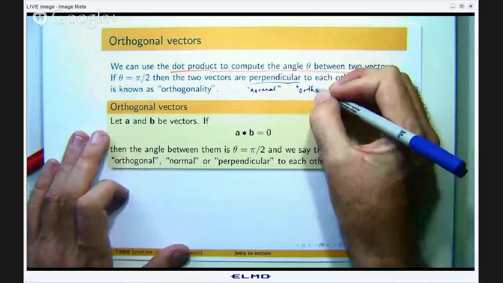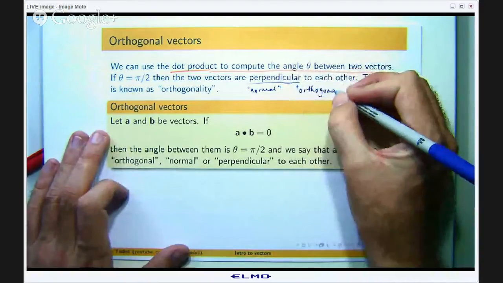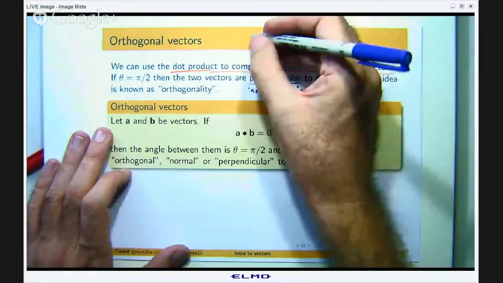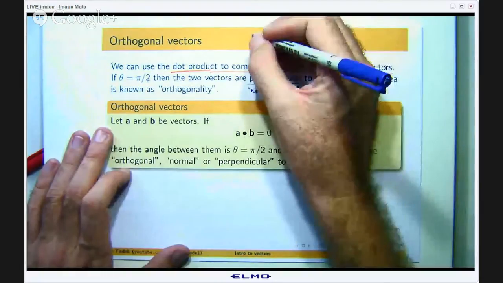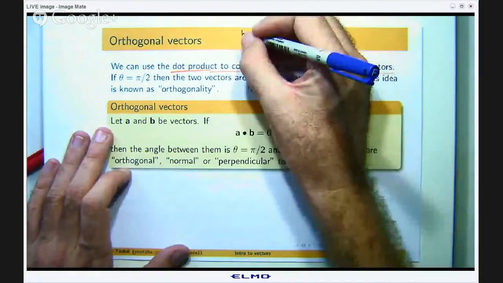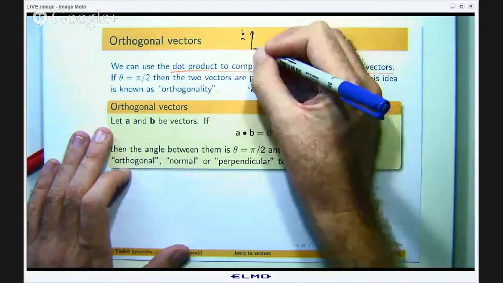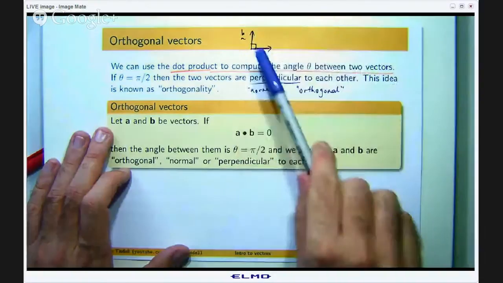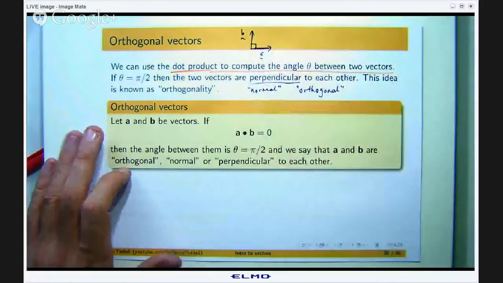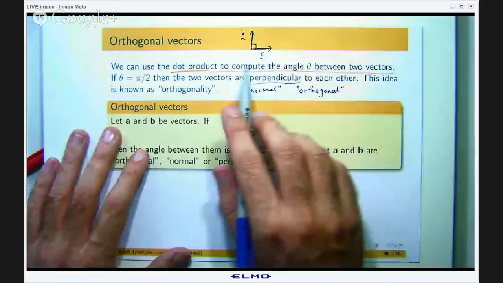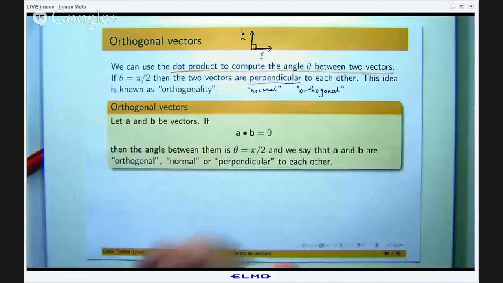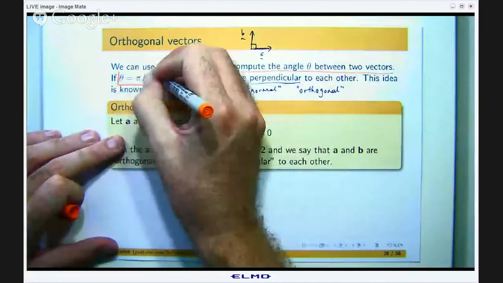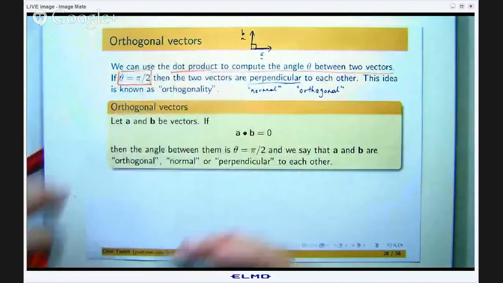Okay, all those terms are kind of interchangeable. All right, so you might have, say, a vector B here and say a vector A here. You can see that the angle between those two vectors is pi on 2 radians, and you would conclude that, oh, okay, those two vectors are orthogonal.